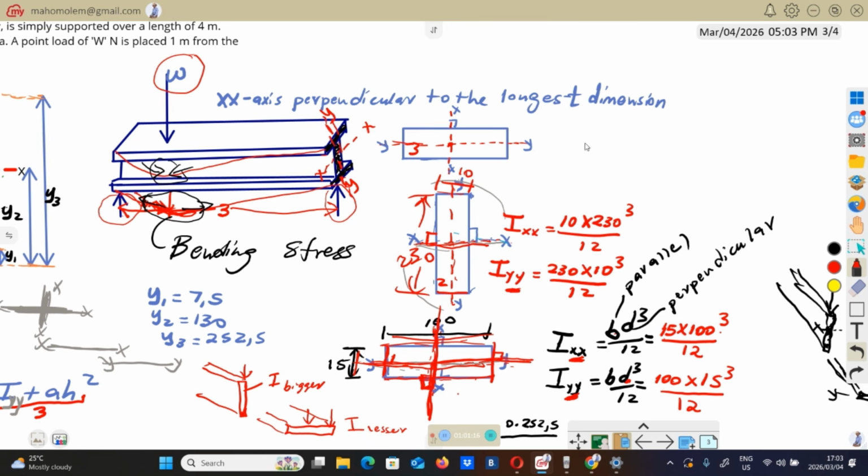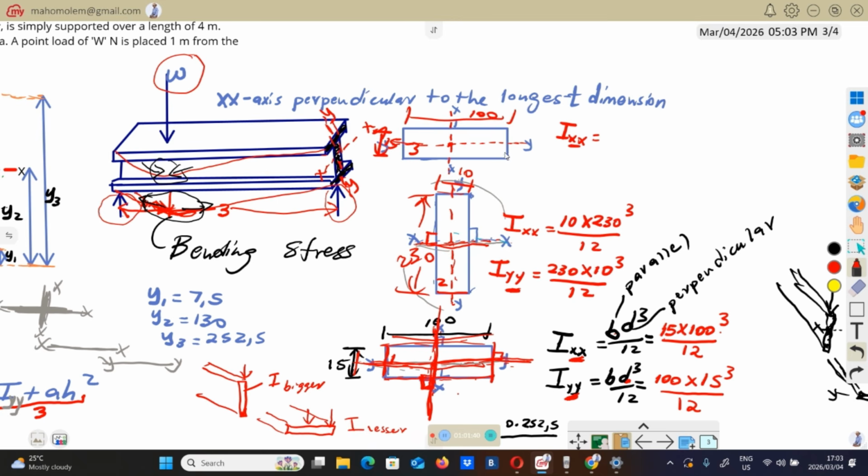Then you go to profile number 3, which is this one. You find IXX quickly. Parallel to XX, it's 15. So this side is 15. This side is 100.